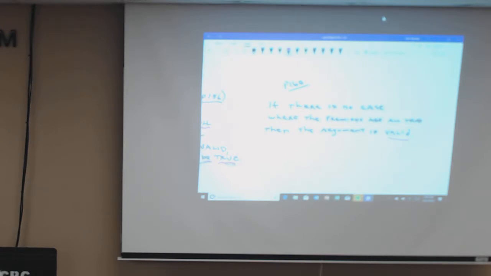And I said if-then is only false if the first premise is true and the second one is false. If the first one's false and the second one's true or false, I haven't lied to you. So that's what they mean by valid. If there's no case where the premises are all true, then there's no case where we could be lying to you.